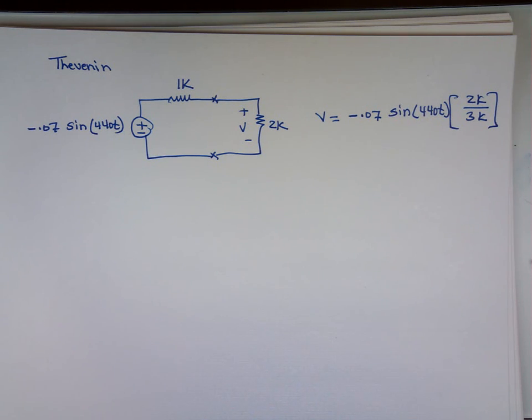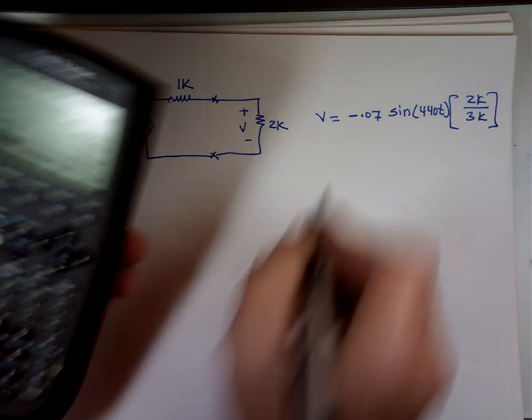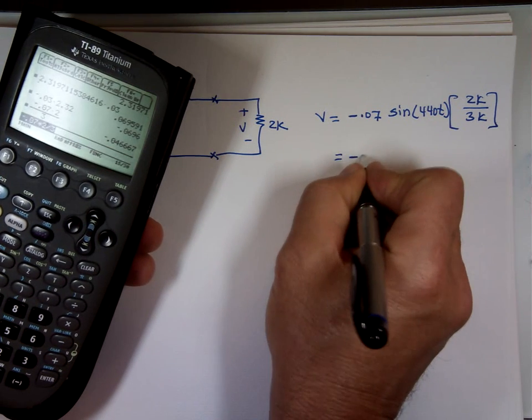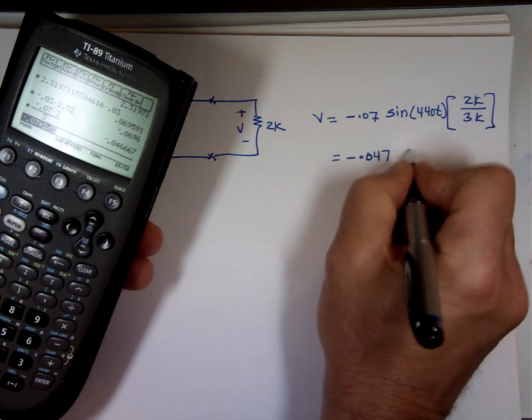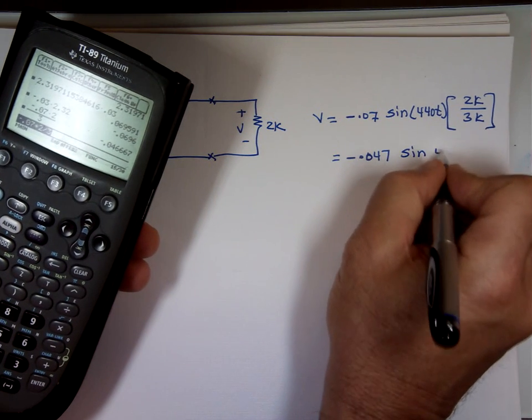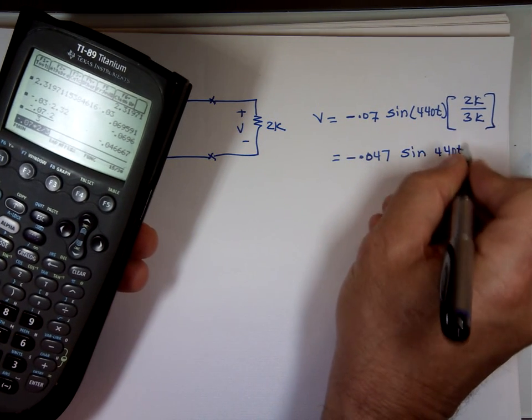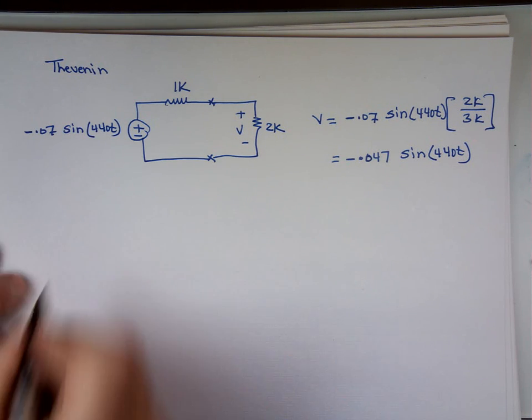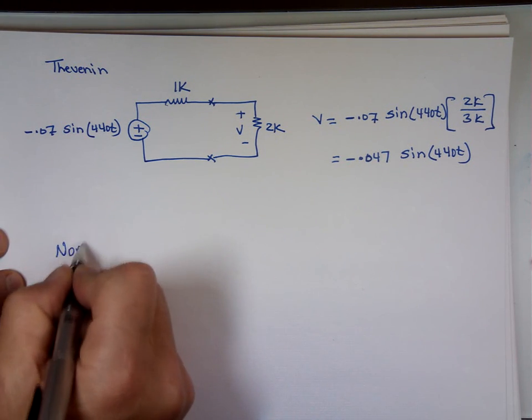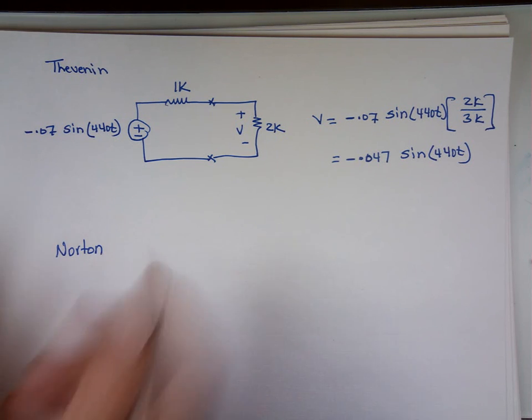0.046. Negative 0.047 sine 440t. You want the Norton? The Norton equivalent, this will be what?